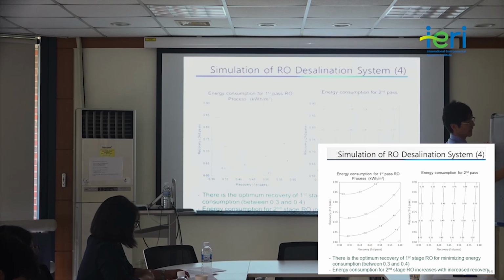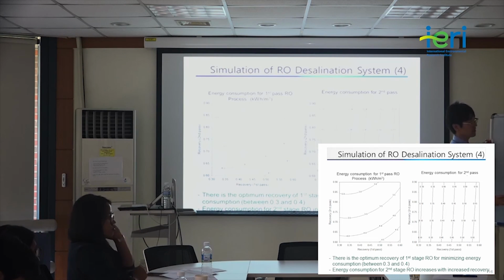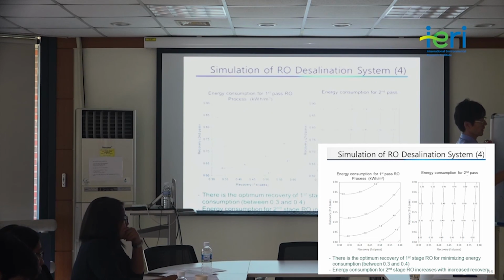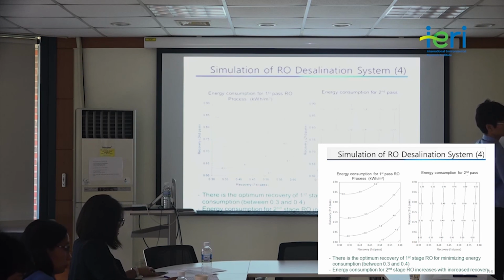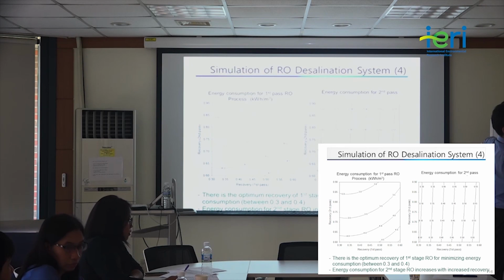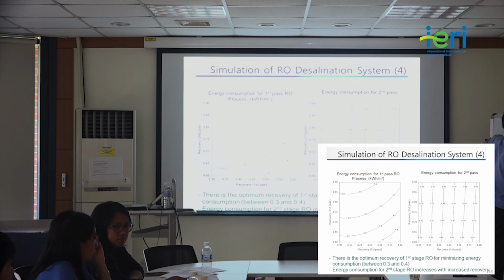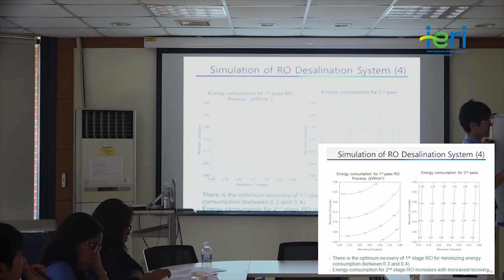So in fact, the second pass recovery does not affect the energy consumption in the first pass reverse osmosis. However, by changing the second pass recovery, the volume or flow rate of water at the end of the plant will change.